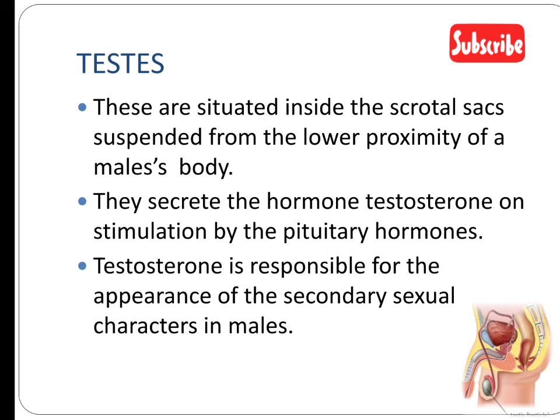Then the last gland is the testes. These testes are situated inside the scrotal sac, suspended from the lower part of the male's body. You can see here in the picture. They secrete the hormone testosterone, and this testosterone is responsible for the appearance of the secondary sexual characters in males. These changes include the growth of the body, facial hair, change in voice, and production of sperms.